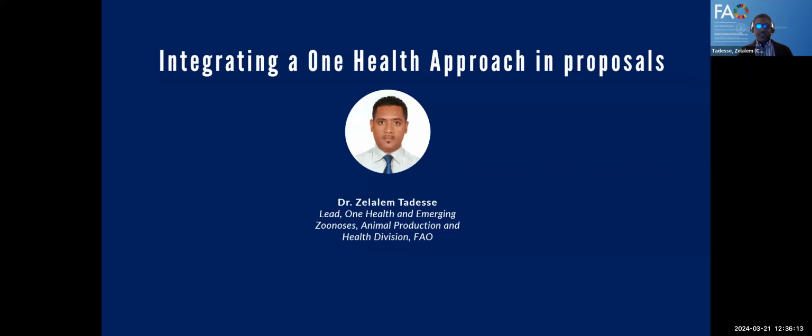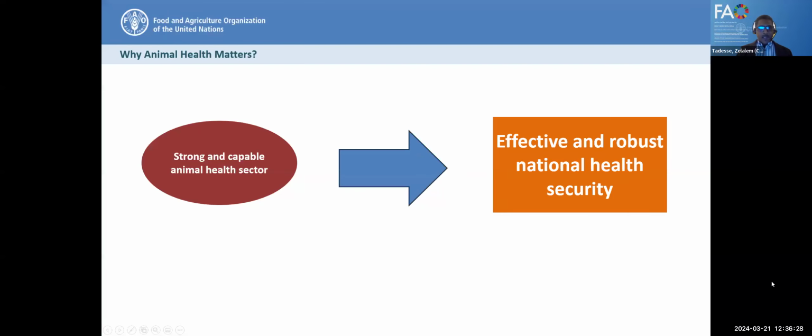I would like to start by giving some context as to why the animal health sector is important for establishing an effective capacity for pandemic PPR. Next, please. We really believe that a strong and capable animal health sector and system is an important ingredient for achieving effective national health security and pandemic PPR.